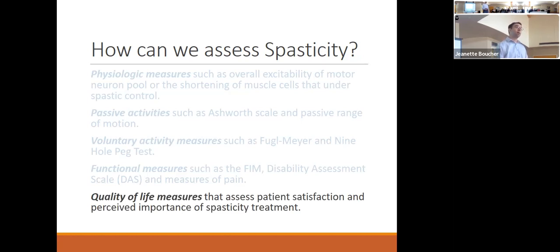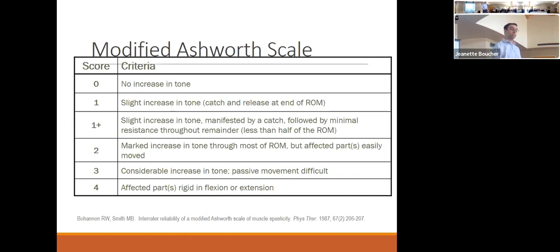And then ultimately, it's really about quality of life and getting the spasticity controlled to the extent that you're still able to do the things you want to do. Travel, take care of your family, or be with your grandkids, or get out in the community, whatever it is that you like to do. Ultimately, that's the end goal here.